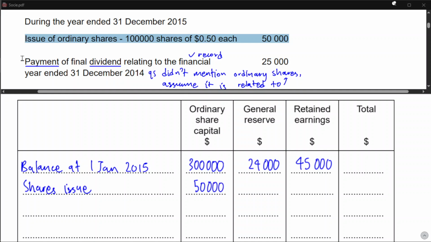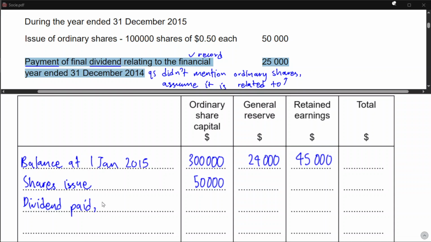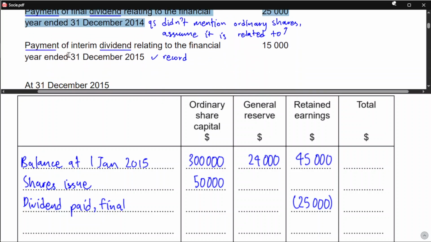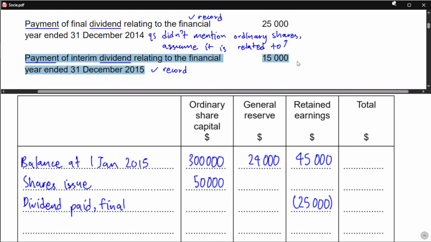Continue. This one is a dividend paid, so I just put dividend paid. Please mention it as final. You can use a bracket, and this one reduces the retained earnings.